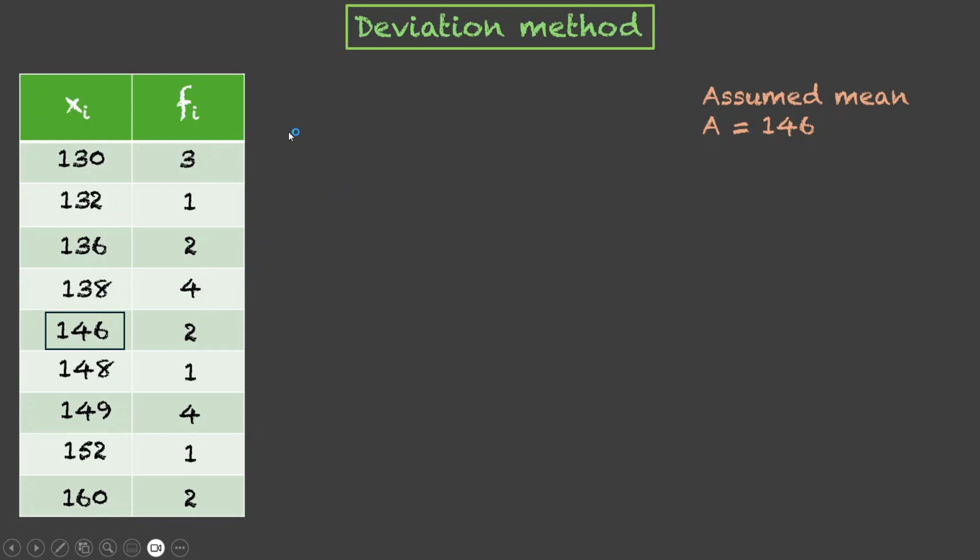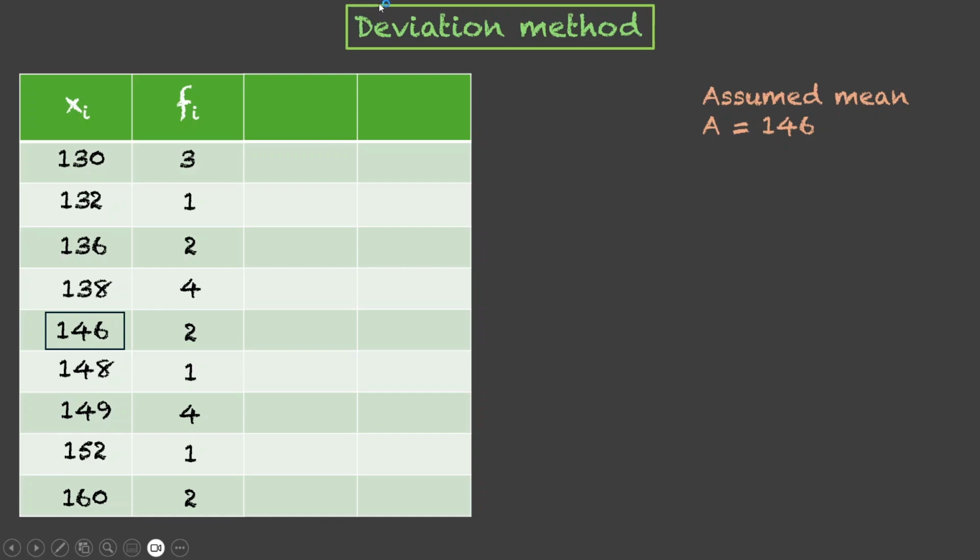Now, since the method is the deviation method, we need to find the deviation. So let's bring 2 more columns. And in this column, we'll put in the deviation, which is denoted by di, which is actually xi minus assumed mean. So over here, xi is 130, assumed mean is fixed, 146. So 130 minus 146, negative 16.